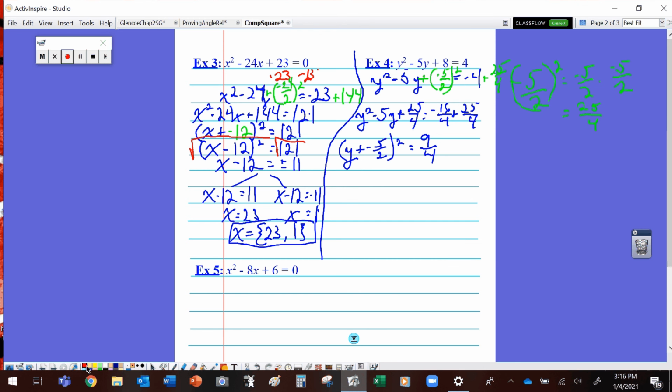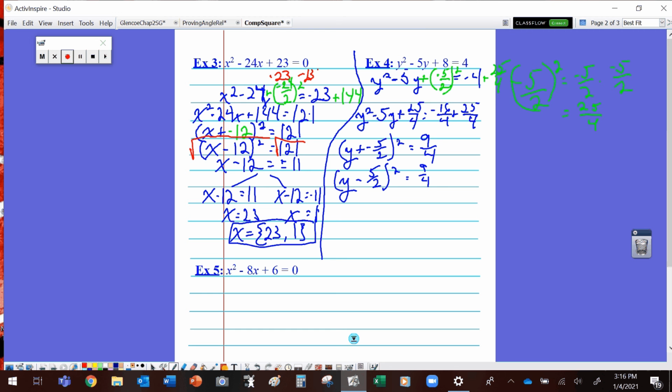Okay, so now I want to solve. So I want to get that y by itself. Before I solve, I might clean this up a little bit. Instead of plus a negative, I might do y minus 5 halves, quantity squared, equals 9/4.